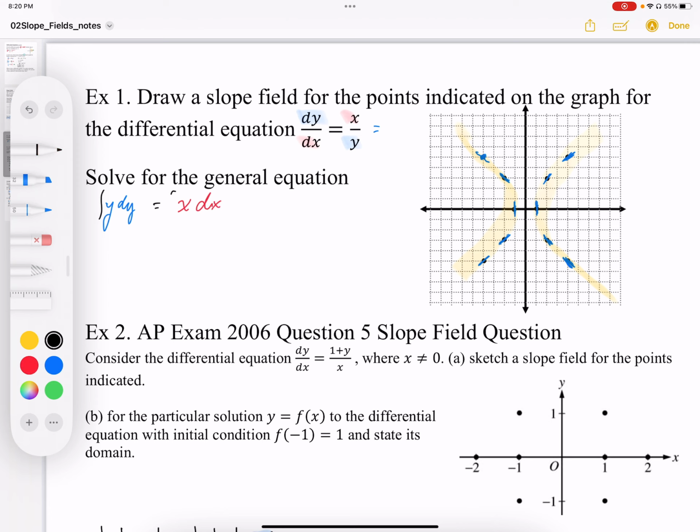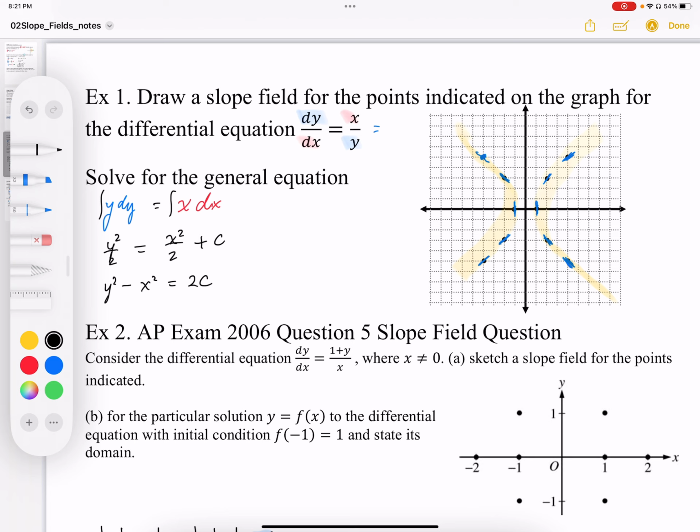Integrate both sides: y squared over 2 equals x squared over 2 plus c. In fact, I'm going to multiply both sides by 2. So I'm going to end up with y squared minus x squared is equal to 2c, where the 2c represents the constant in the hyperbola.